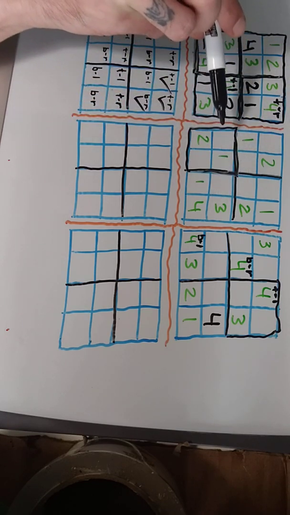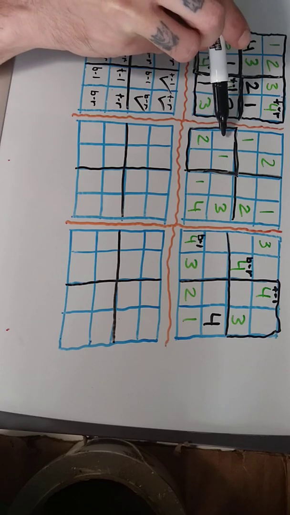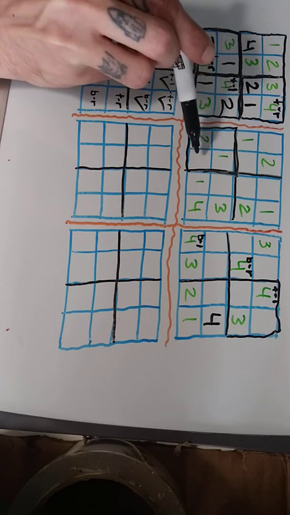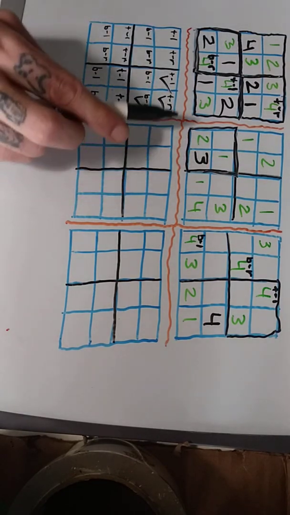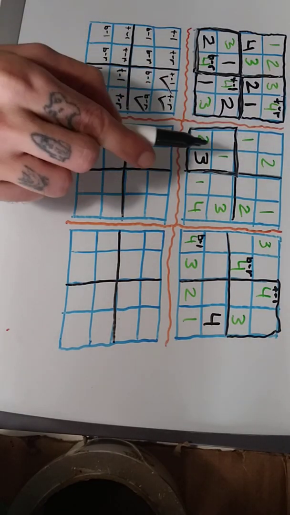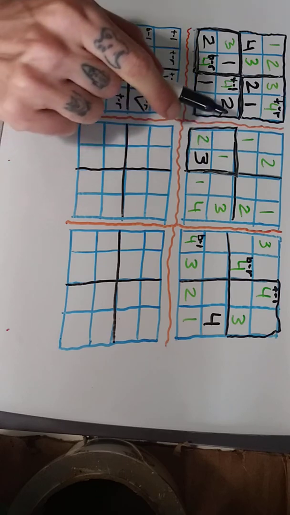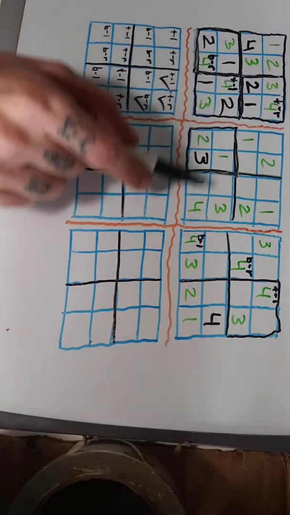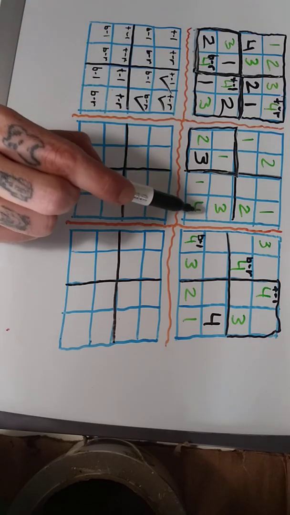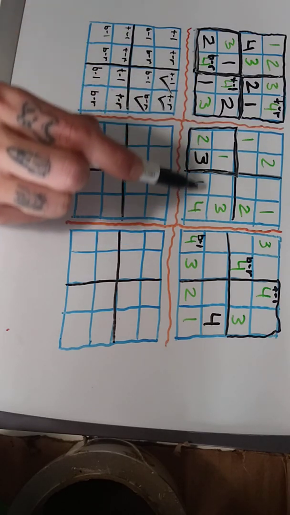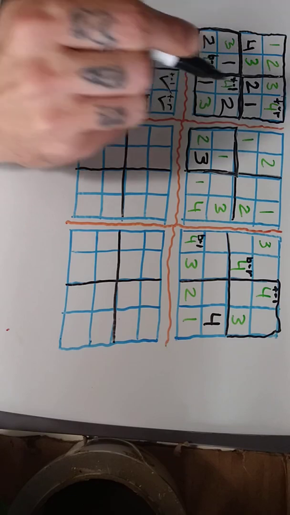So we know the 3 cannot be in this row again. So the 3 must be down here. Then we could go by this bottom right box, or we can remember we just needed a 3 and a 4. So we know the 4 would go up there, or we know there's already a 4 in this bottom row, so the 4 must go up here.